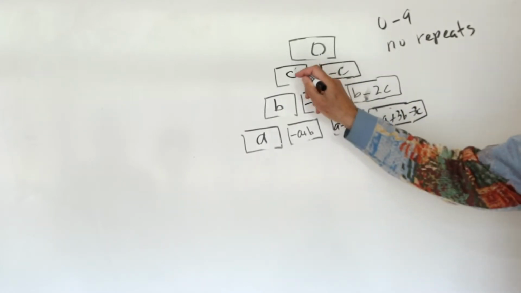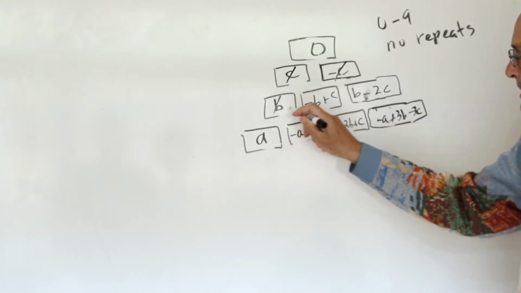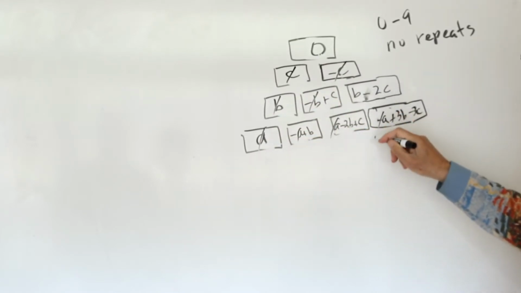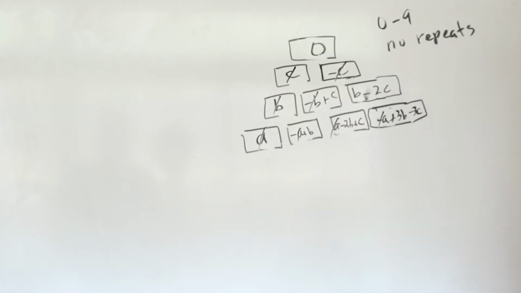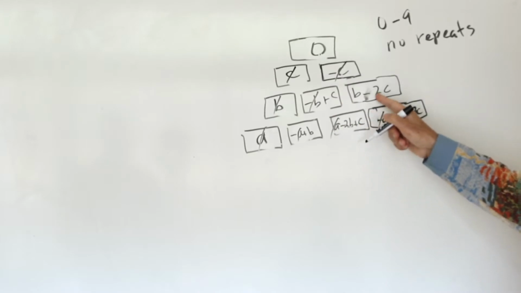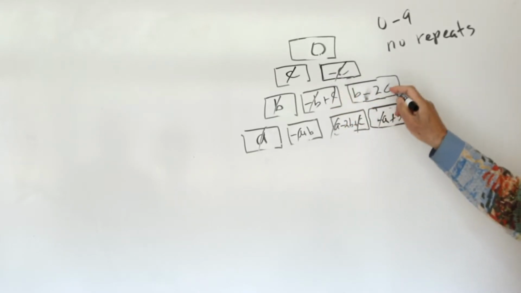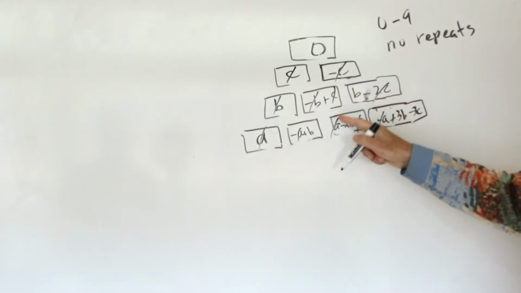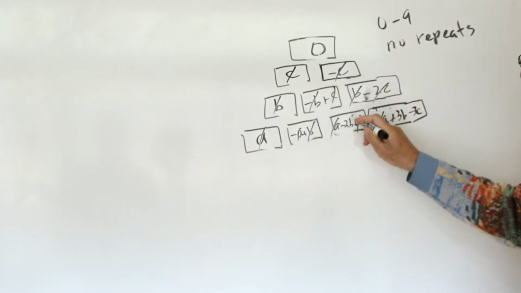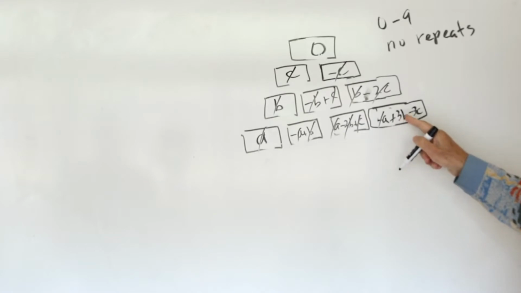So we can cancel C and negative C, B and negative B, A and negative A and negative A. Now we can cancel this C and this C with negative 2C. And we can cancel this B and this B with negative 2B. And finally, we just have 3B minus 3C.